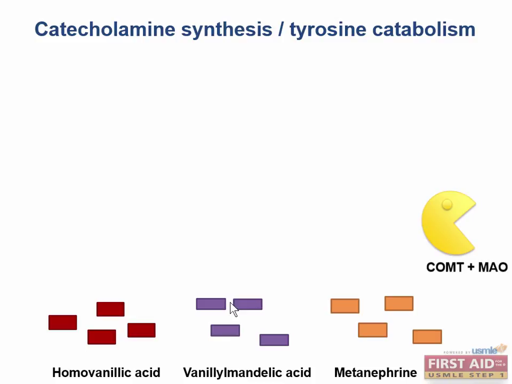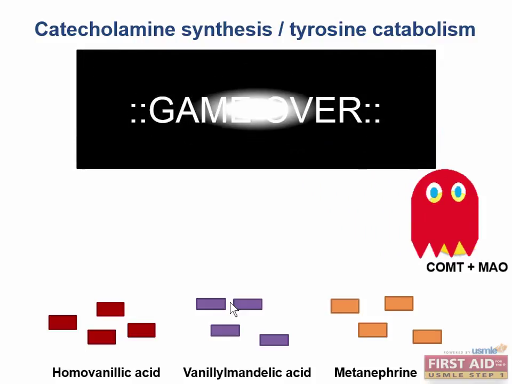I just wanted to tie in a clinical correlation here. And since we're out of catecholamine coins, we're going to have to call game over for our catecholamine discussion. If you're following along in the first aid book, I would encourage you to take a look at the catecholamine synthesis tyrosine catabolism figure. I like this figure because it shows how some diseases are going to fit into this grand picture that we're painting.